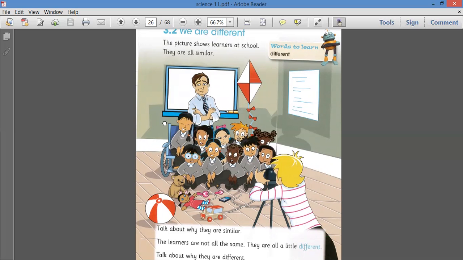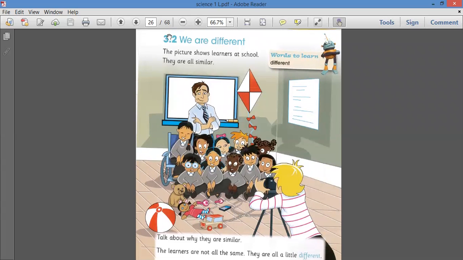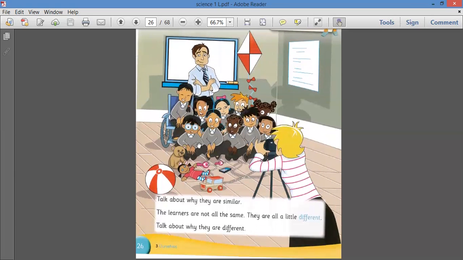So today our topic is we are different. What is the meaning of different? Something that is not the same is called different. Understood? The learners are not all the same. They are all a little different.